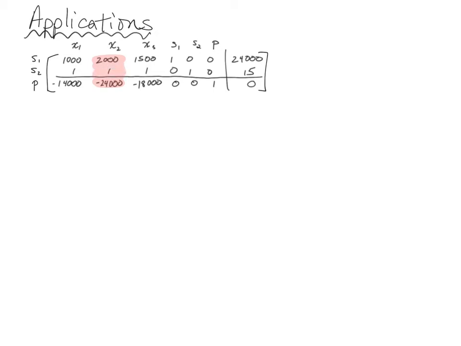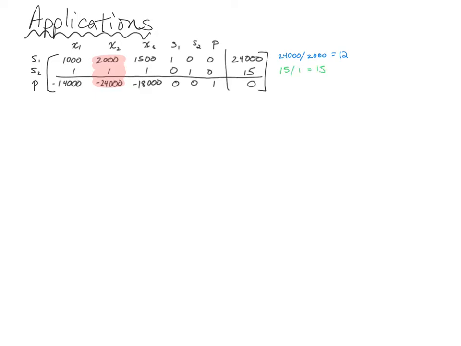So then what we do is we come off to the side here, we divide the last element in each row, so 24,000, by the element in that row in the pivot column. So this is divided by 2,000, which is 12. And then in the S2 row, that is 15 divided by 1 is 15.